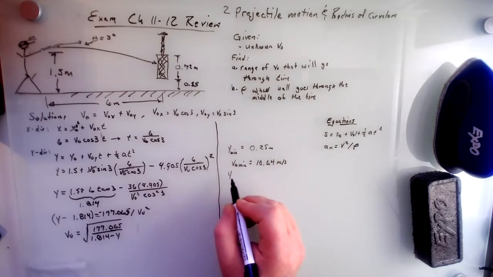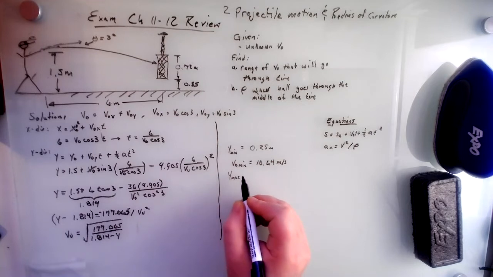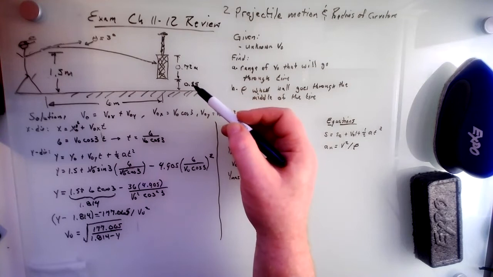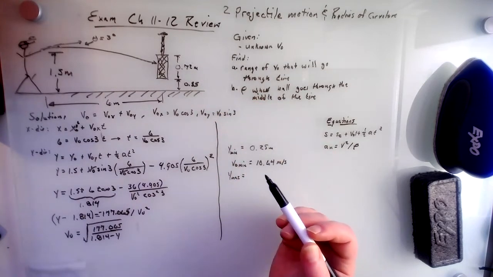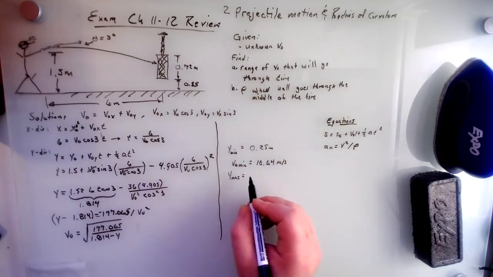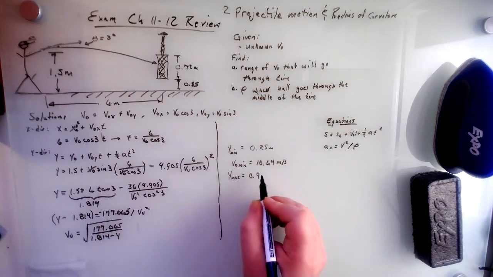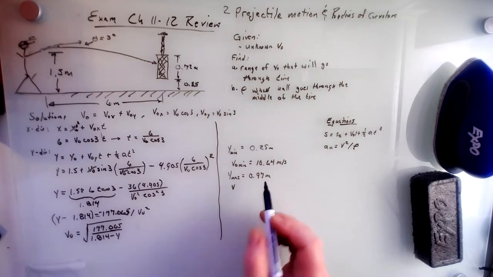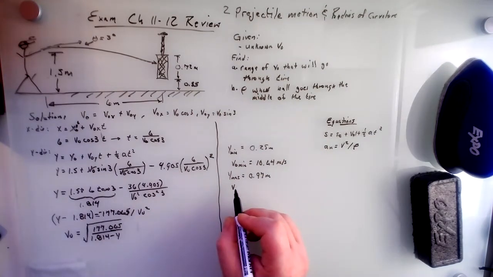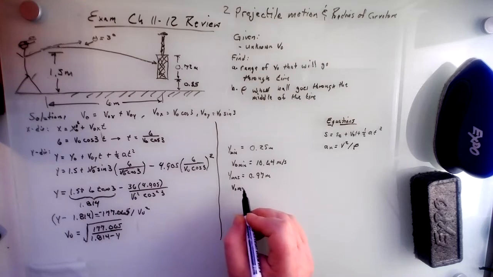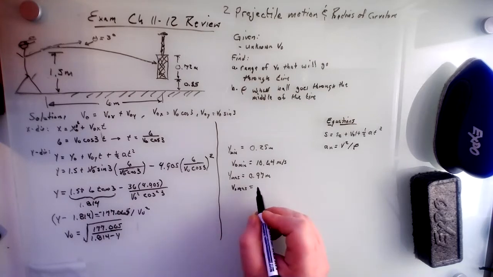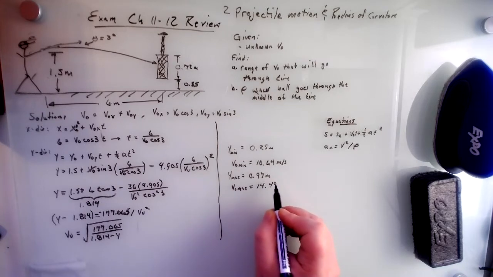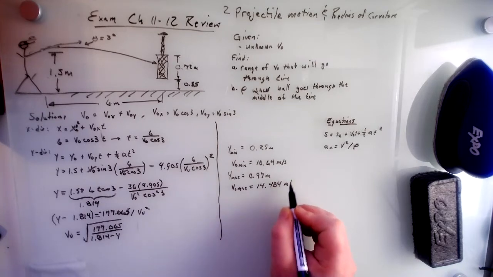Y max is 0.72 plus 0.25, that is 0.97 meters. And that corresponds, so we put the 0.97 in here, and that returns v naught max, which is 14.484 meters per second.